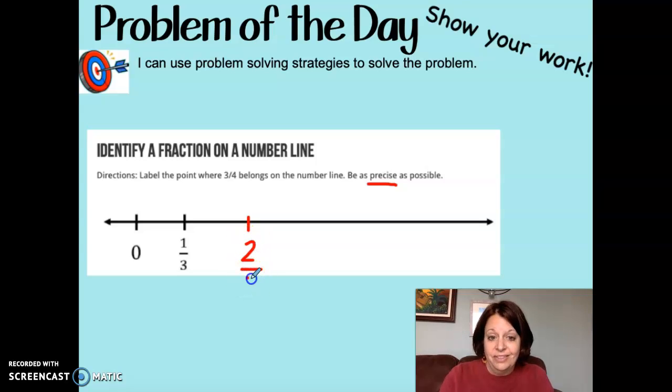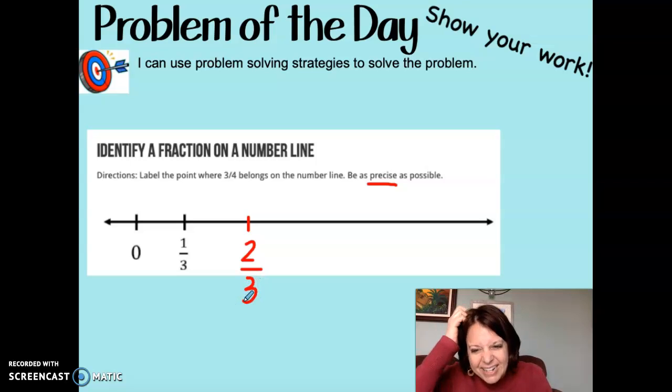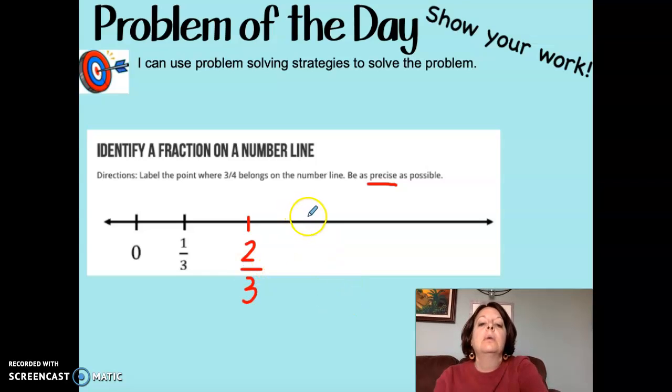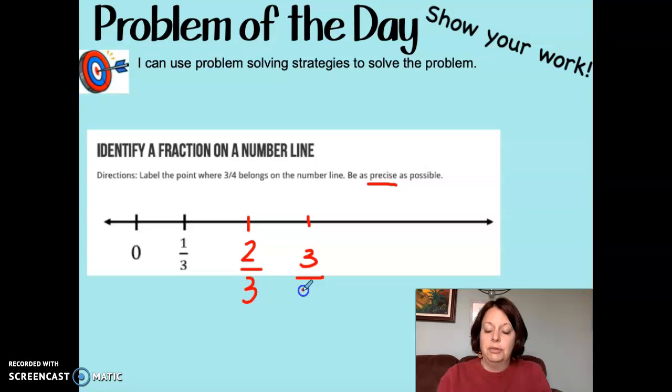If I wanted to be even more precise, of course, I'd get a ruler out, but I'm not getting that precise. I'm still trying to be as precise as possible. So I have my fingers there, and then I'm going to go right about here for 3/3. So guys, what is 3/3 equal to? Yes, it's equal to 1 whole. You are absolutely correct.